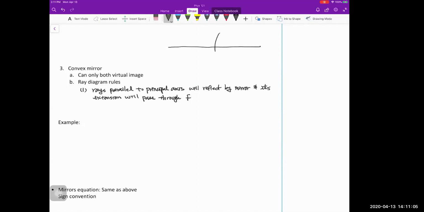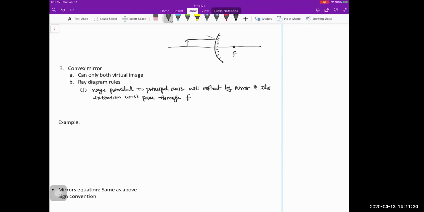This is a convex mirror, and the F is on the back of the mirror, so this is the F point. If you have light coming from the object, parallel to the axis, it will reflect back to where it's coming from.